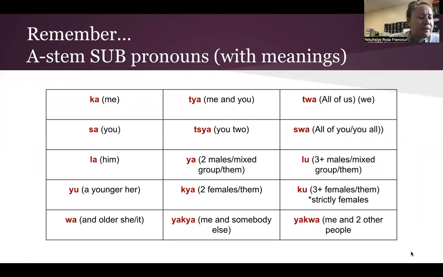So our A stem subjective pronouns, remember I said that this is only a subjective word. A stem subjective pronouns review. The meaning chart is already here. I'm not going to go over that. We've been over that many times. You can read them on the chart here, but the pronouns I'll go over again. It's ga, za, la, you, wa, dia, ja, ya, gia, yagya, dwa, swa, lu, gu, yagwa.